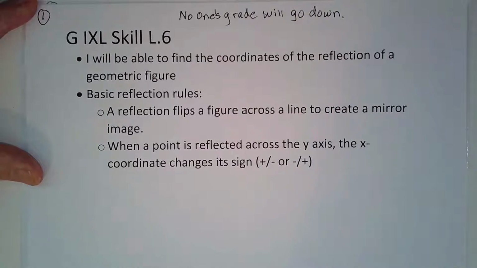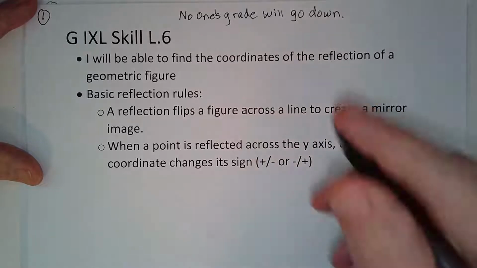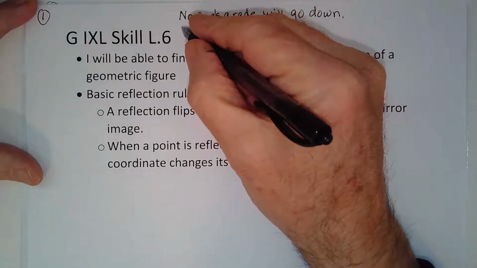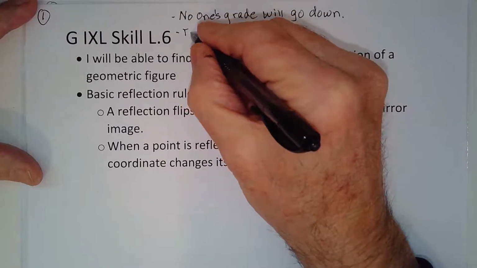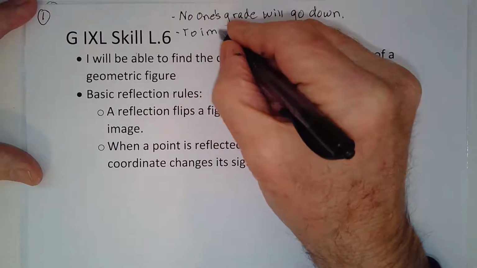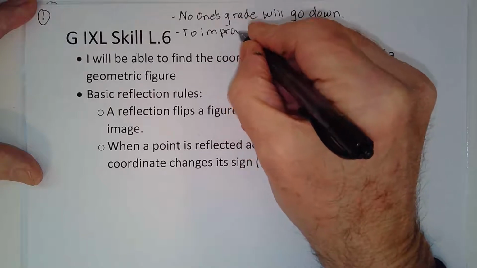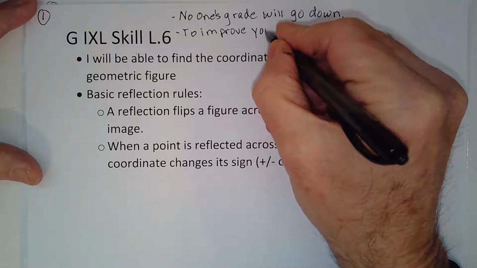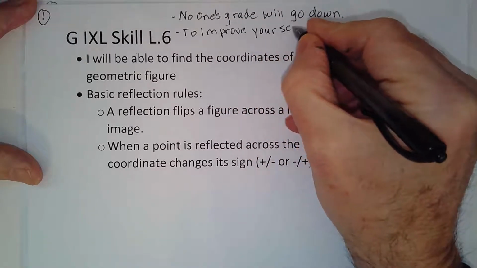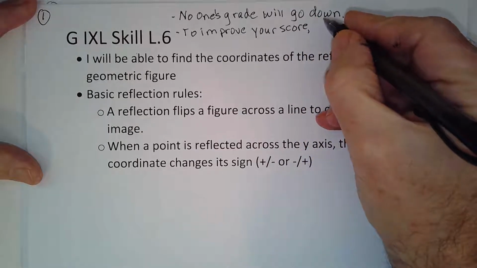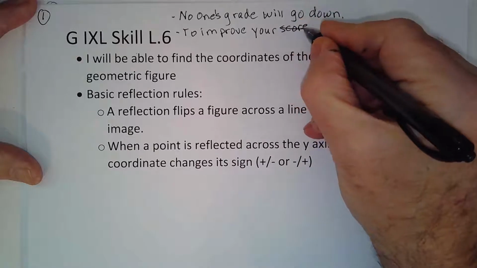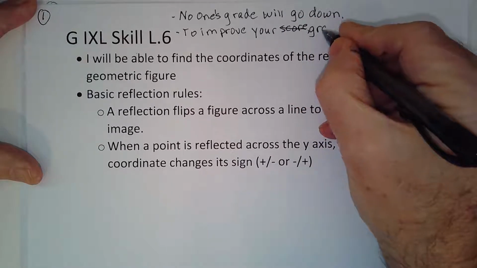Now, to improve your grade, your skill score must exceed your third quarter percent grade. So I'm going to write that down now. To improve your score, I should say your grade, so we're going to change that to grade.